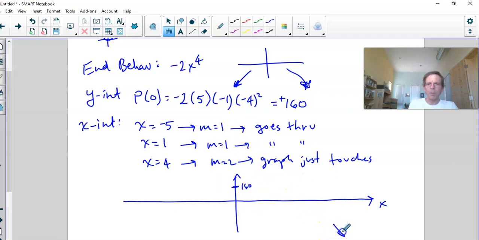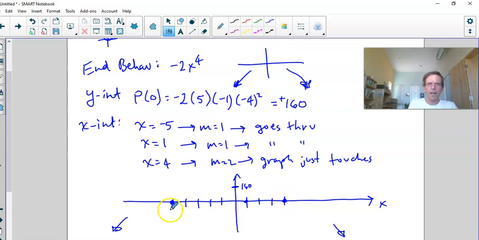The behavior, we know we're going to go down to the right and down to the left. We'll think about that in a minute. Let's put on our x-intercepts. So -5, 1, 2, 3, 4, 5, and x equal 1, and we have another one at 4. 1, 2, 3, 4, right there.